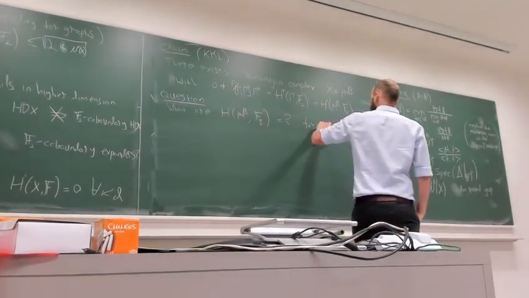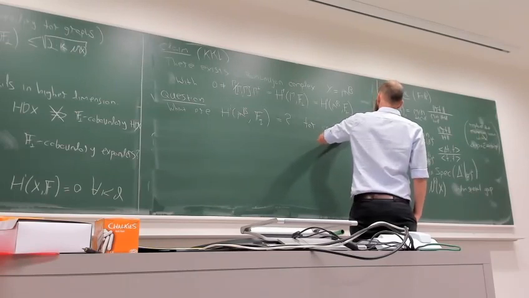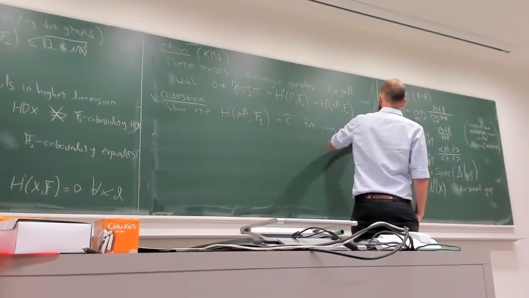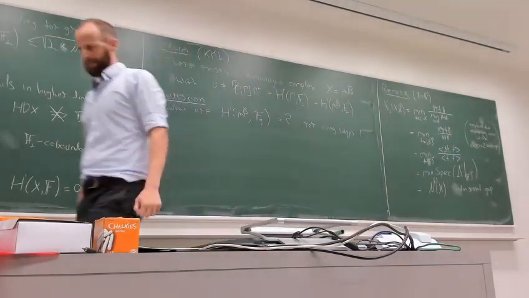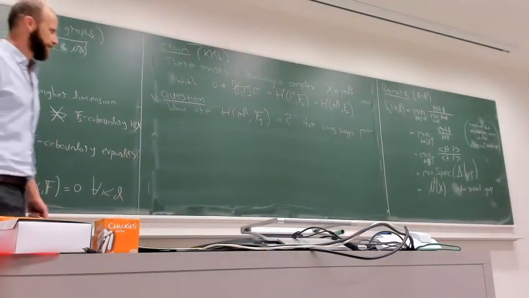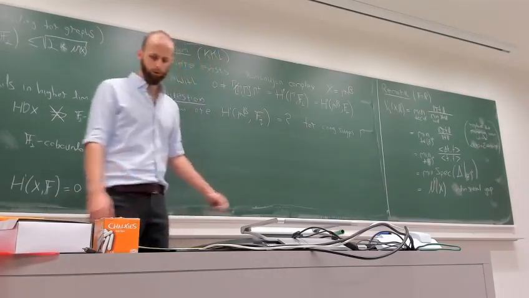And you can restrict to congruence subgroups. It's not really a restriction because, in many cases, the only possible co-compact lattices will be congruence subgroups.